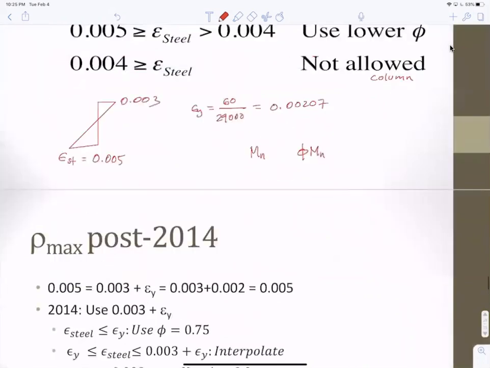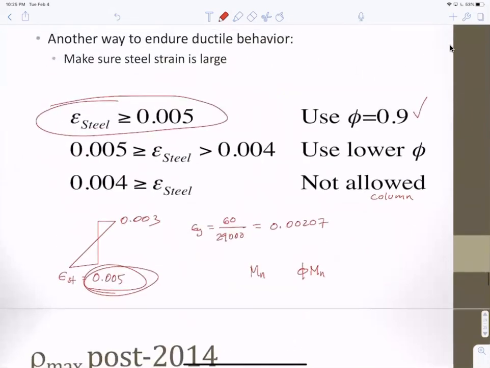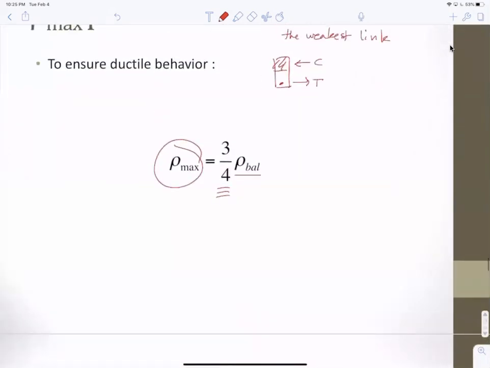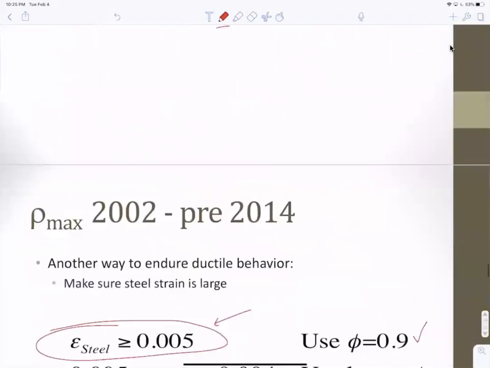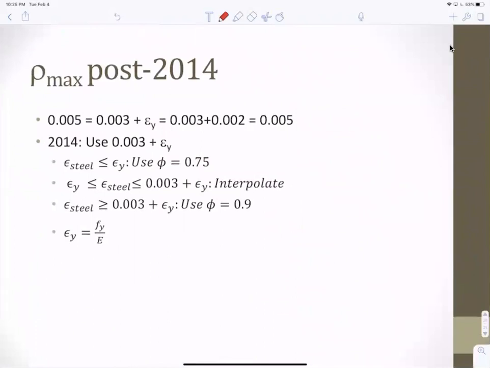Just in 2014, this changed again. This magic number, 0.005, was calibrated to fy equals 60. I've checked it. The maximum amount of steel from there matches the maximum amount of steel from here for fy equals 60. Well, what if you have a yield strength that's not 60 ksi?